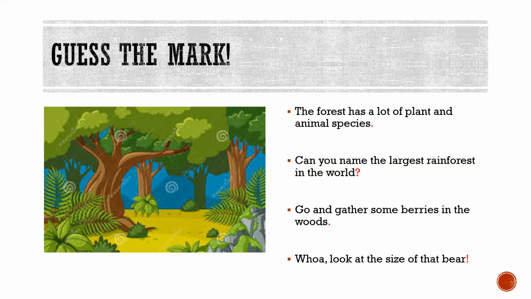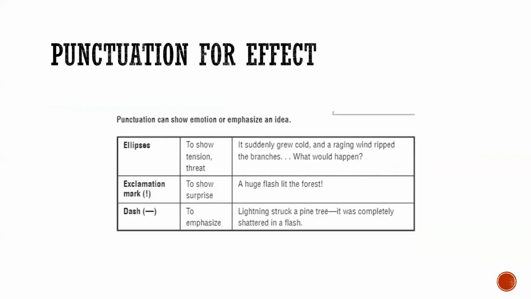If it's a telling sentence or a command sentence, then most likely you have just a neutral tone. But if it's an asking sentence, intonation is rising. And if it's an exclamation, there's a certain type of booming emotion to it. Now that we have reviewed the different types of punctuation marks, let's have a look at how we can punctuate for effects. Punctuation can show emotion or emphasize an idea.